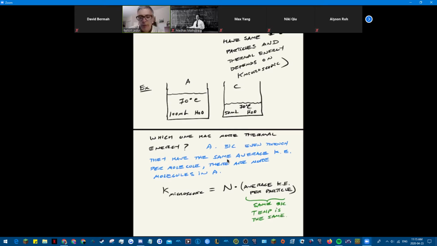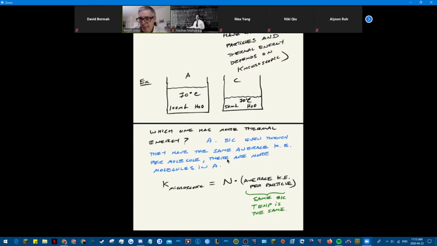So there's more thermal energy in A than in C. First of all, because thermal energy is equal to microscopic potential energy plus microscopic kinetic energy, the microscopic potential energy goes up because there are more molecules as well. But even then, the microscopic kinetic energy will be greater, okay? Are you good with that? All right.